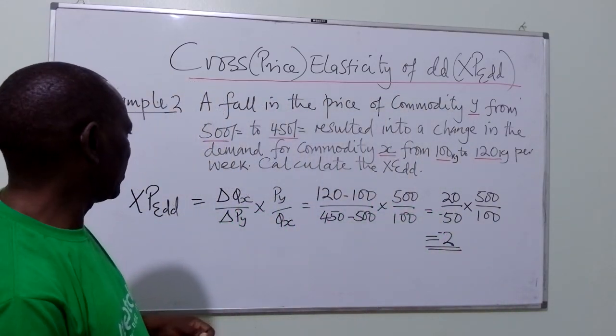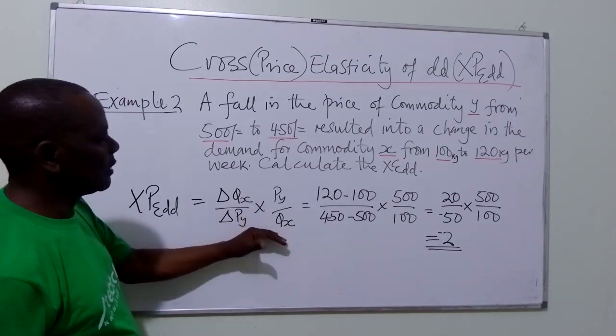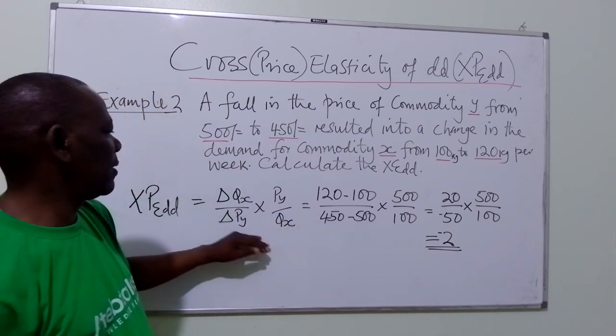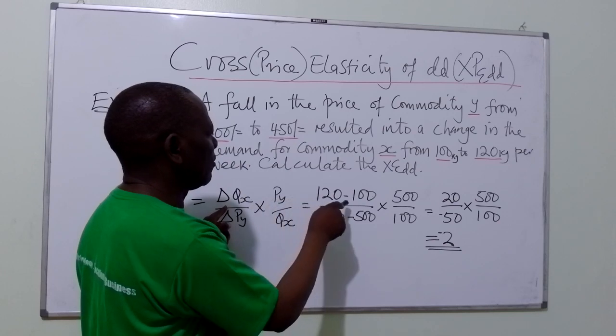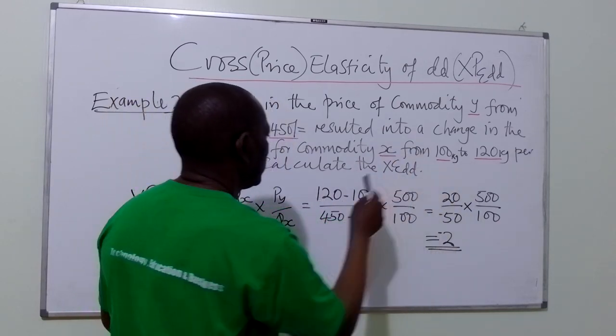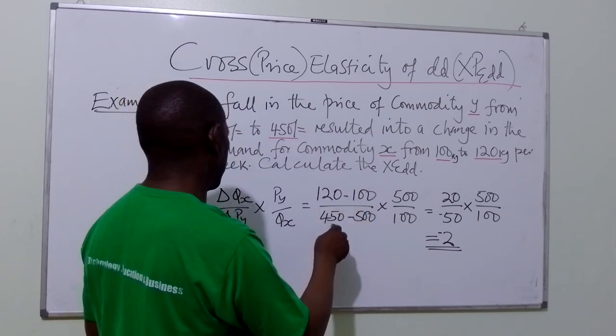So what are we seeing here? This is the formula for cross price elasticity of demand, and here we are substituting into the formula. We are looking at the change in quantity demanded of X, that is 100 moving to 120.